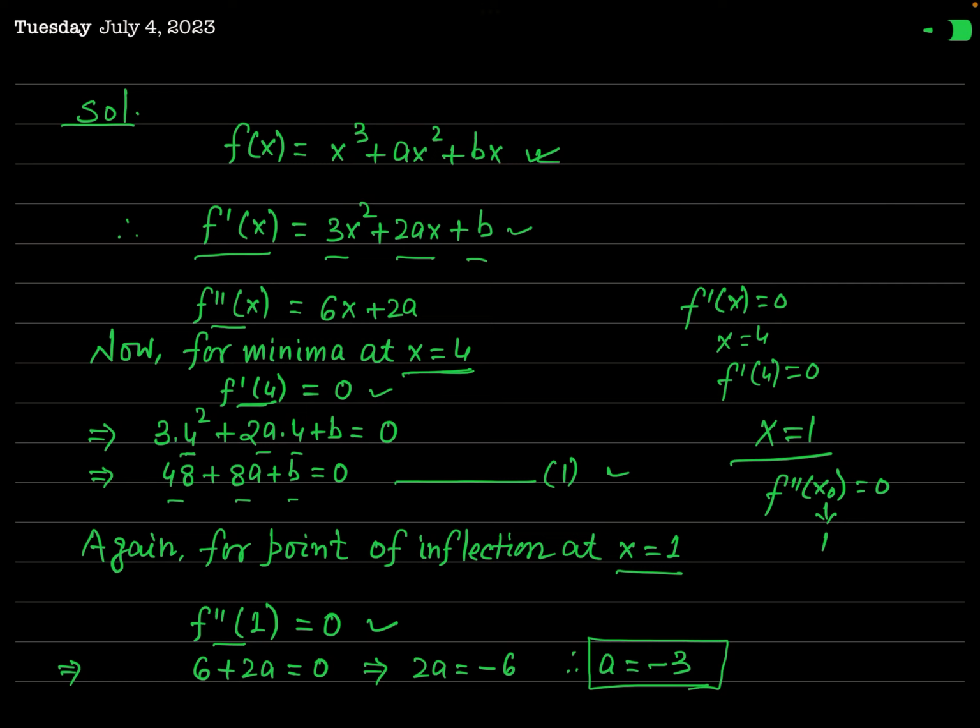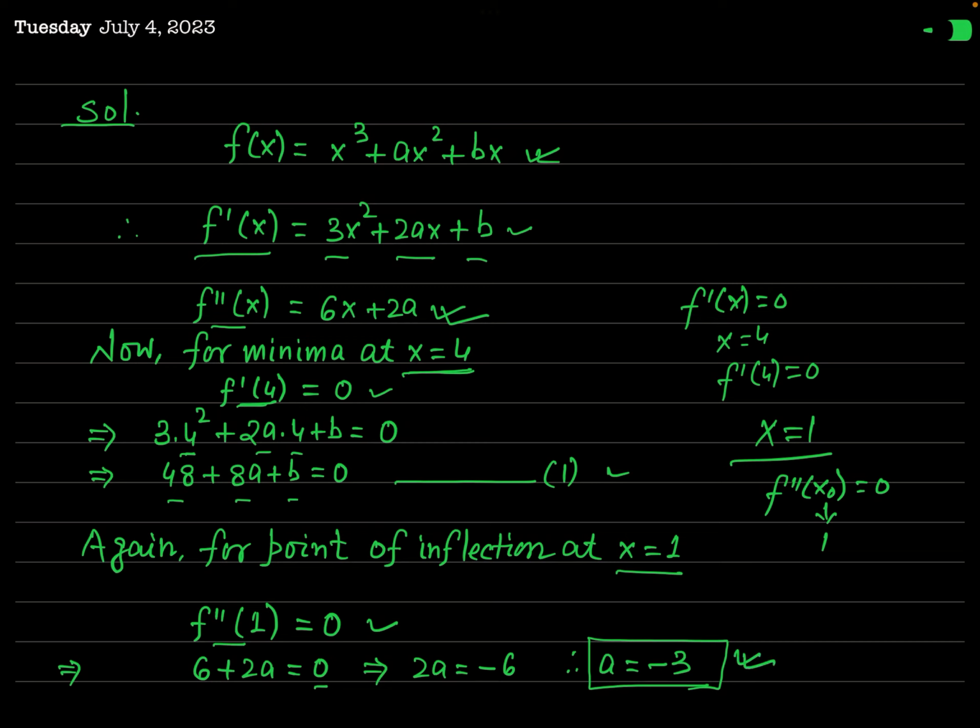And what is f double dash of 1? For this, we will substitute x equal to 1 in the expression for f double dash of x, which is 6x plus 2a. So this will be 6 plus 2a equal to 0, from where you can see that a will be equal to minus 3.